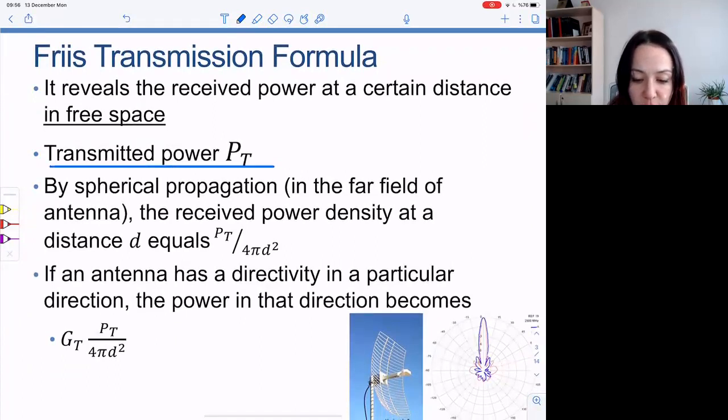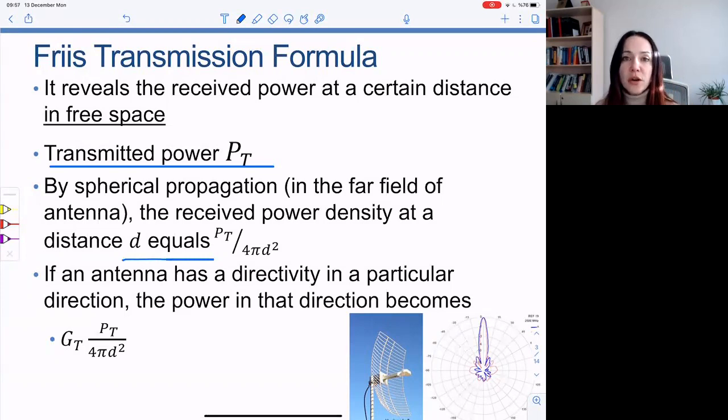Suppose the transmitted power that our transmitter radiates is PT, P sub T. If you consider spherical propagation equal in all directions in the far field of the antenna, the received power density at a distance d will be, through a spherical argument, if you go the distance d from the transmitting source, consider the surface area of the sphere at that distance.